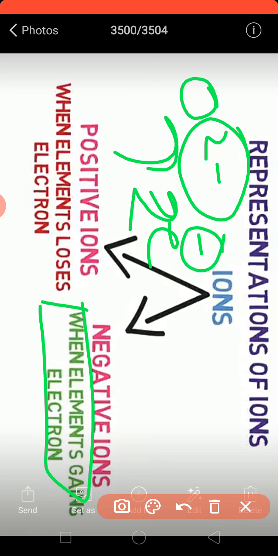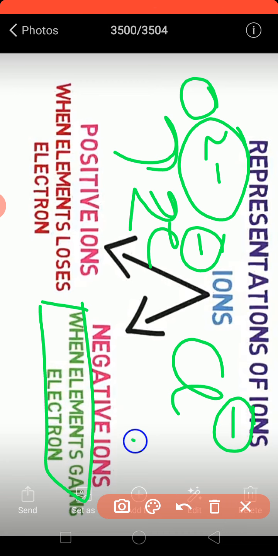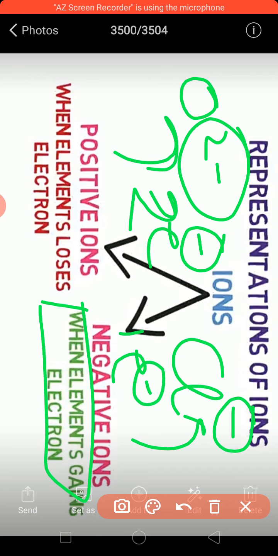Or if simply Cl negative, chlorine negative, is given, it means it has gained one electron. If nothing is mentioned, it is one; if 2 or 3 is mentioned, it has gained 2 electrons or 3 electrons and so on. So these are the charges carried by atoms, called ions: positively charged cations and negatively charged anions.